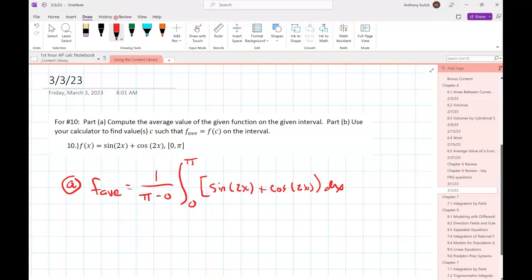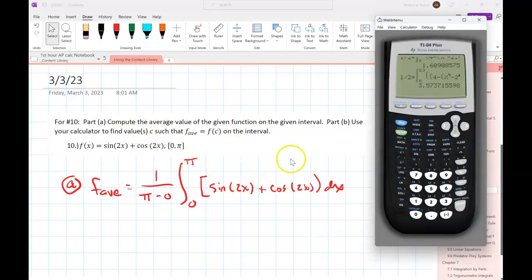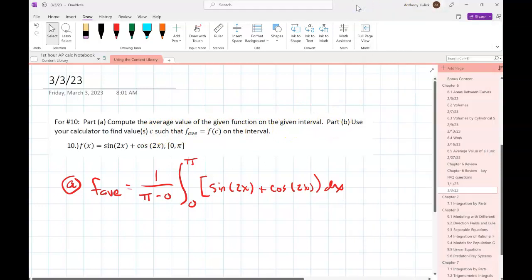Good with that? Okay, so let's just use our calculator to do this. I guess it doesn't tell us to use the calculator to do this. Okay, so let's do it by hand, I suppose.